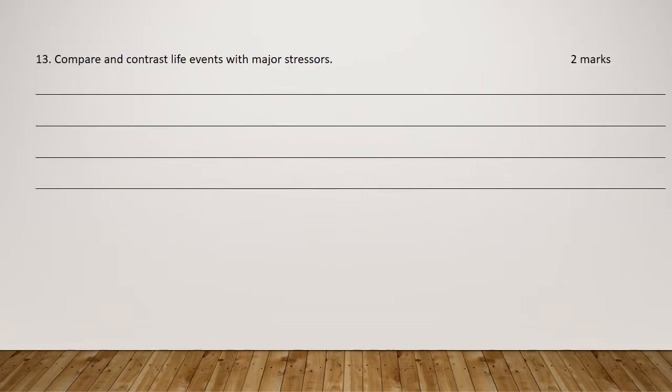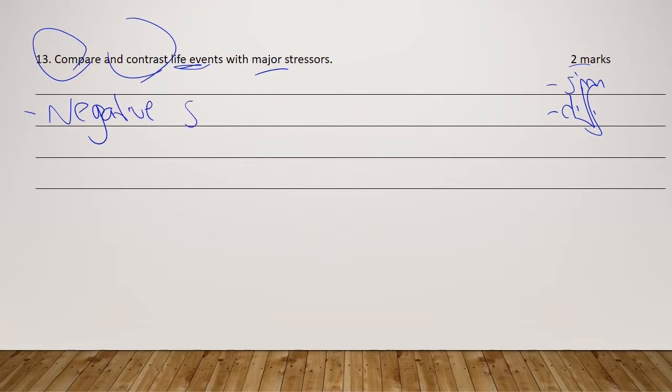Okay, so let's have a go at this one. Compare and contrast life events with major stresses. Okay, so we've got 2 marks, so we want one similarity and one difference. One similarity might be that they both involve negative stresses. A difference would be that life events can be positive or negative, while major stresses are always negative.